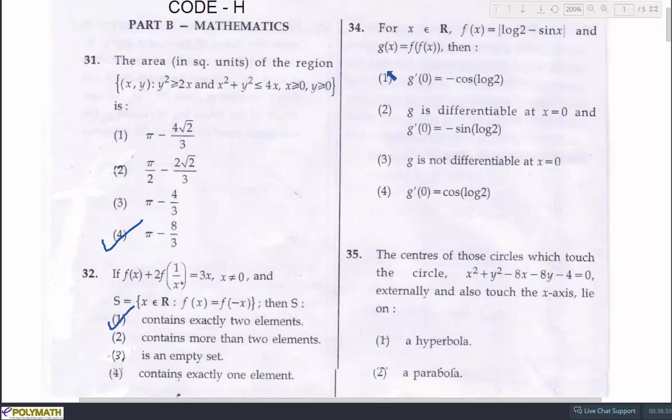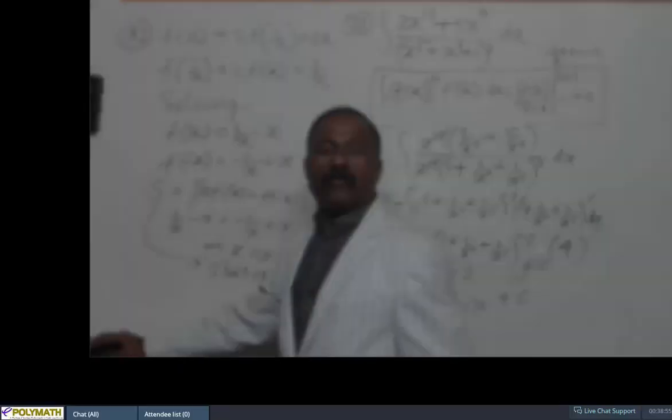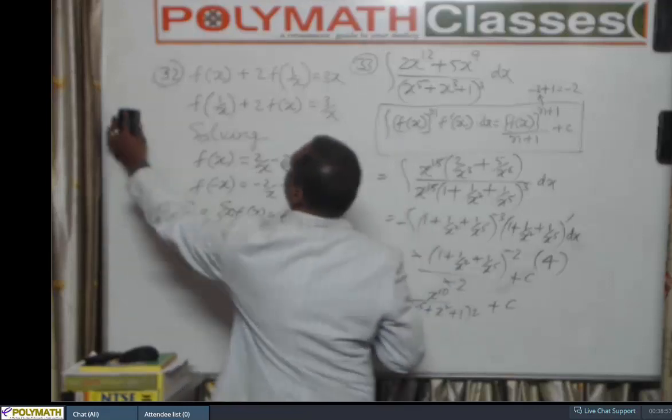Let us see now. f of x is equal to modulus of ln 2 minus sin x, and f of x means you have to write in place of f of x this one, and thereby you have to see f of x, and then you have to write the derivative. Let us see that now. This is question number 34.